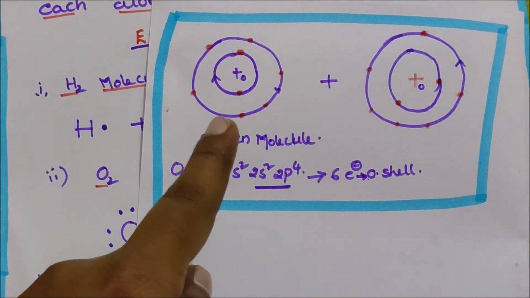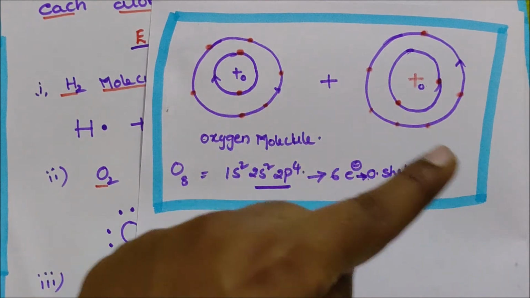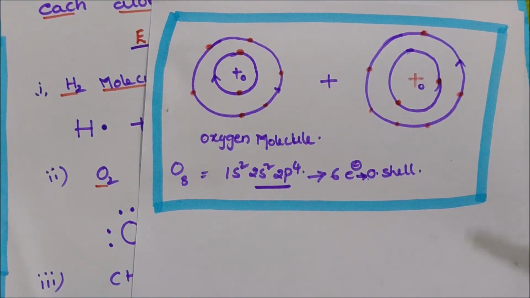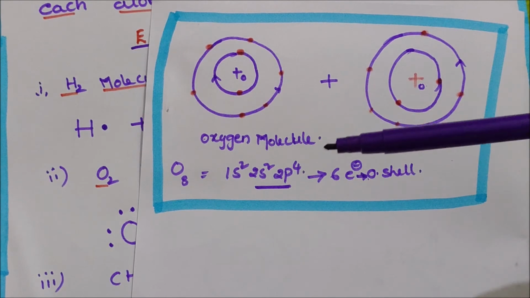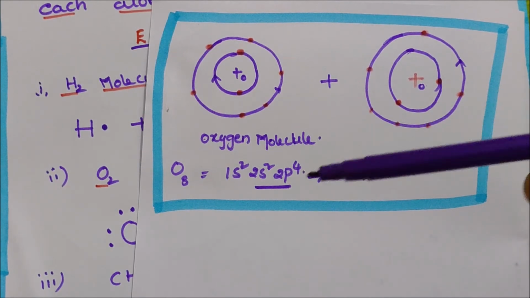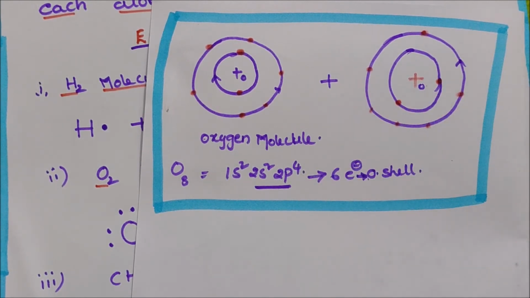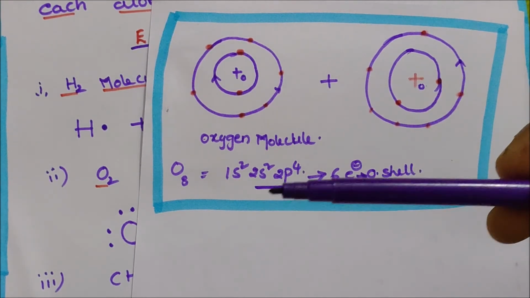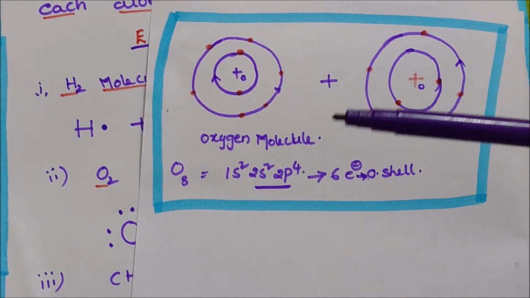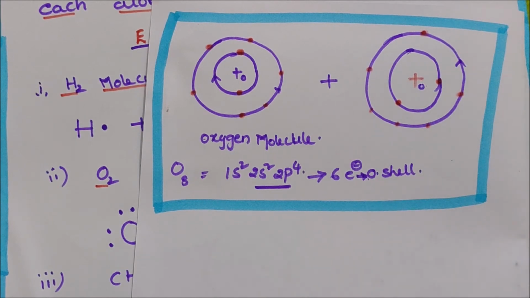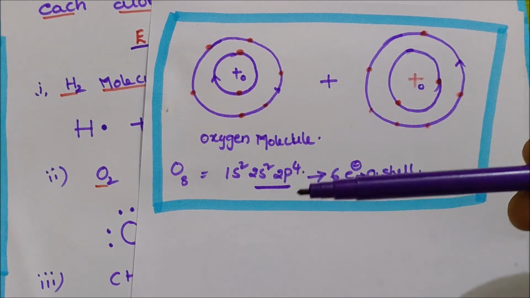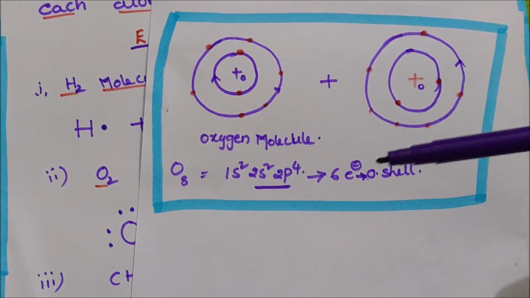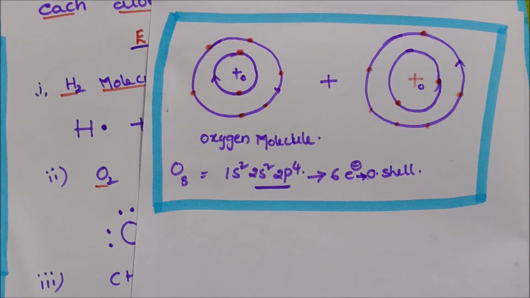This is the first oxygen nucleus, and this is the second oxygen nucleus. Oxygen is symbolized O. The atomic number of oxygen is 8, so the electronic configuration is 1s2, 2s2, 2p4. In the outermost shell, that is the second orbit, 2s and 2p, there are 6 electrons.